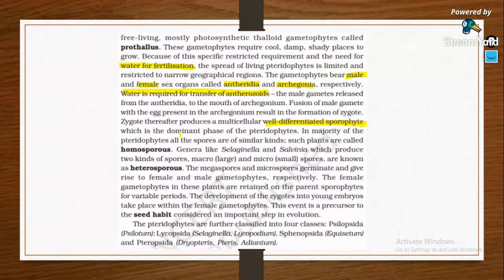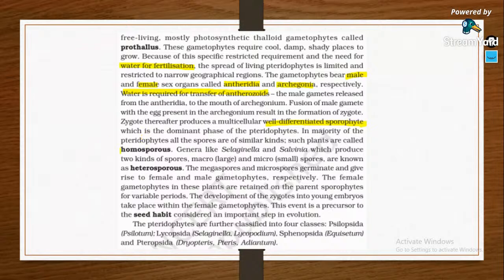In the majority of pteridophytes, the spores are of similar kinds.